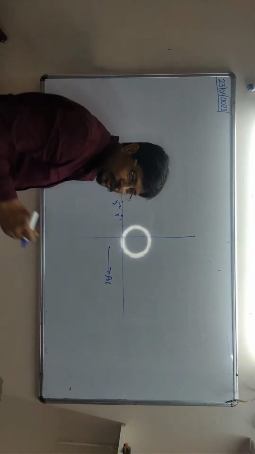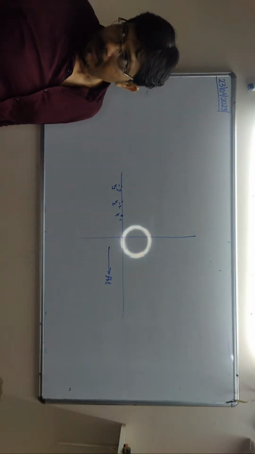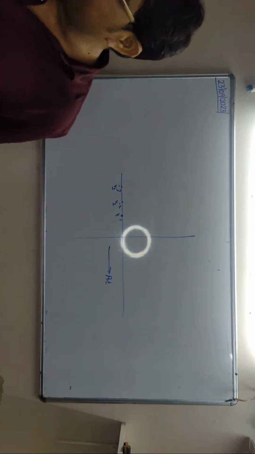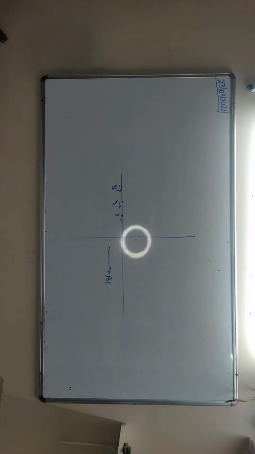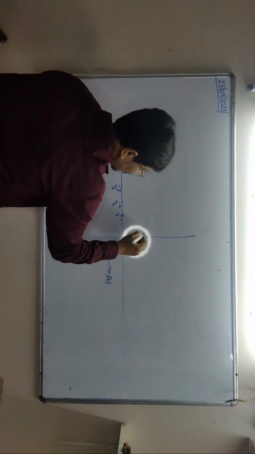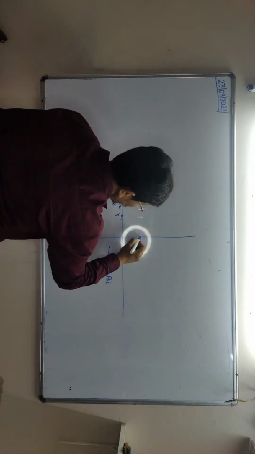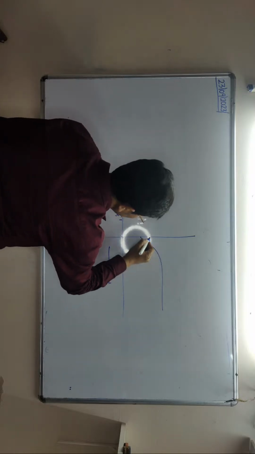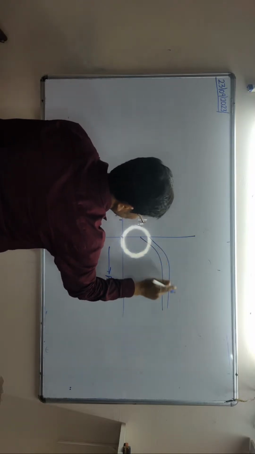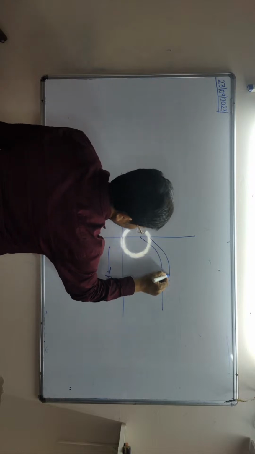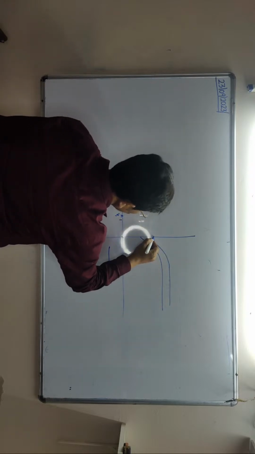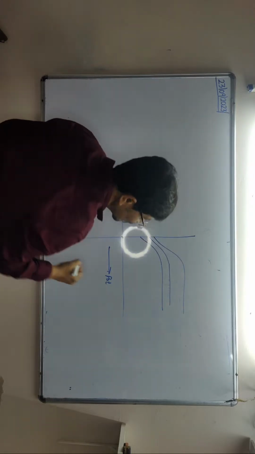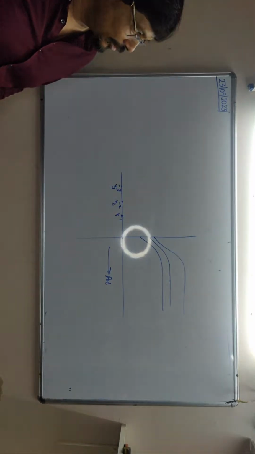We are increasing potential. Now, I will make some lines, like this, like this, wrong. It should be very horizontal. Got it? Now you have seen 3 lines.